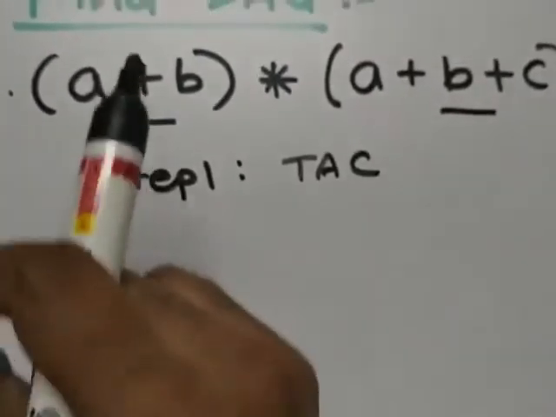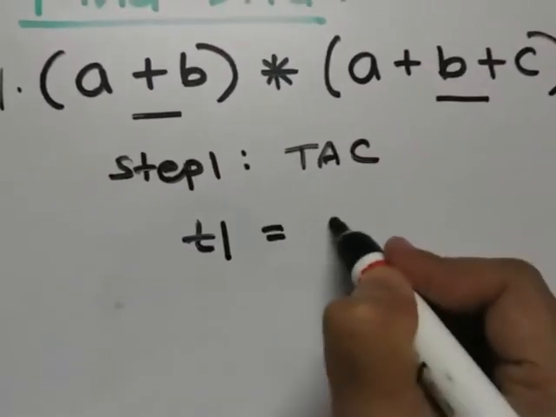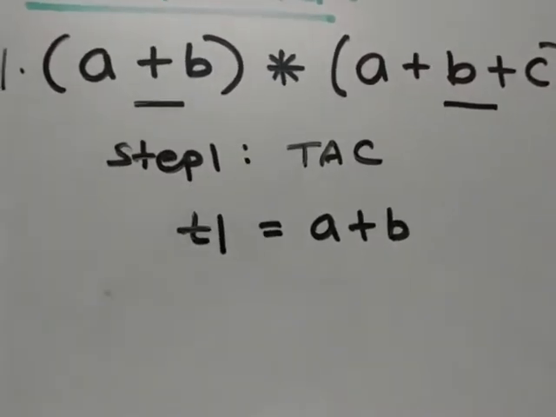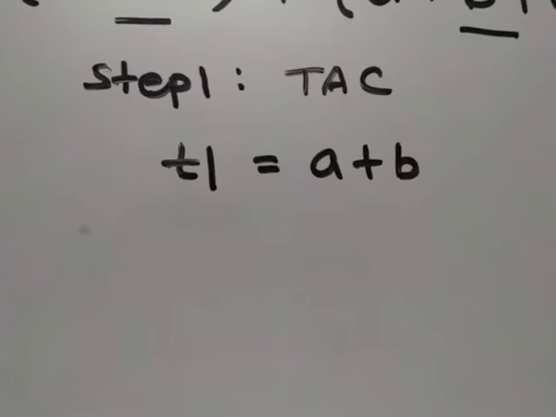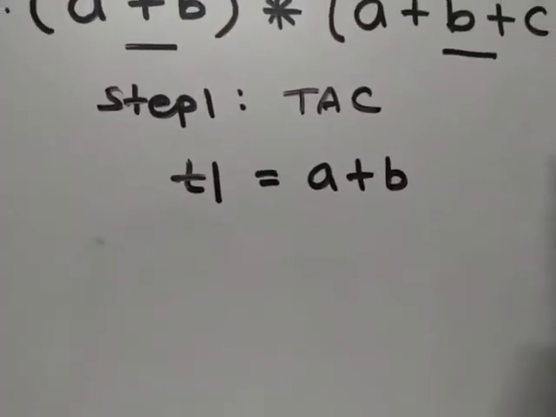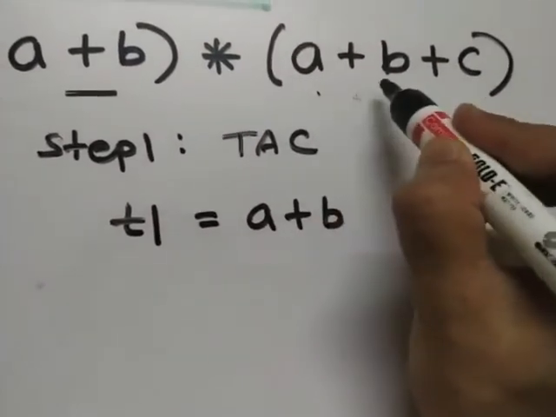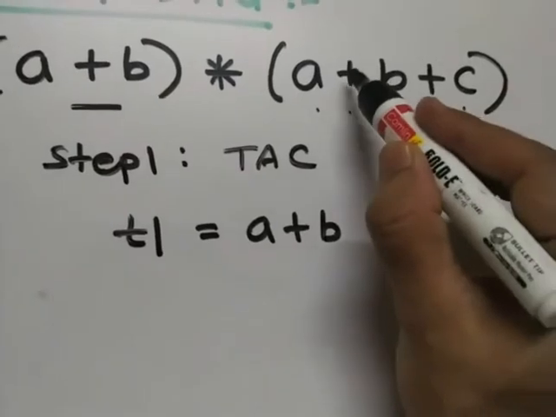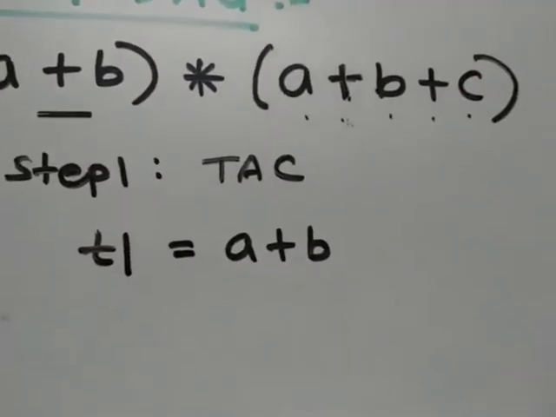So let us say a plus b is there, so I will create a temporary t1 equal to a plus b. So I have created the first temp variable t1 and assigned the a plus b expression to it. Let us go to the next part. In the next part, as you can observe here, the expression consists of a plus b plus c. So both plus are there, and it is left to right associative.